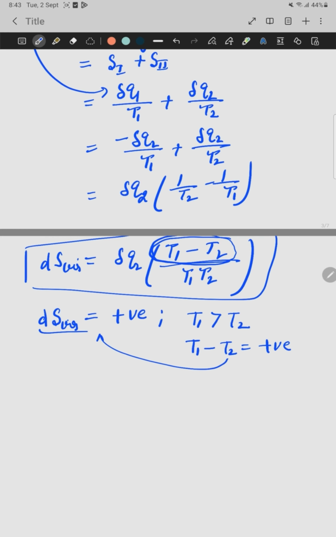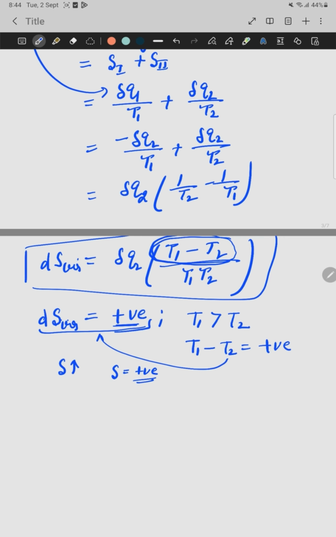When T1 is greater than T2, then T1 minus T2 becomes positive. Only then will this dS become positive, because we are studying an irreversible process for which the entropy of the universe should continuously increase. Entropy increase means entropy should be positive.